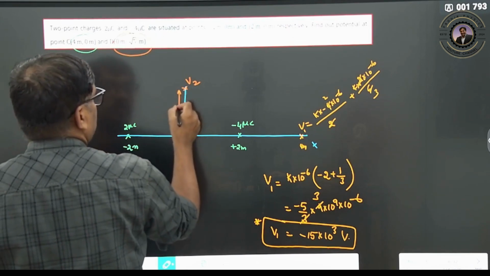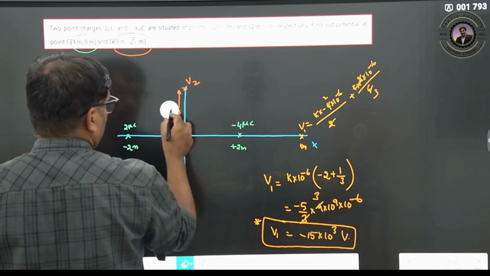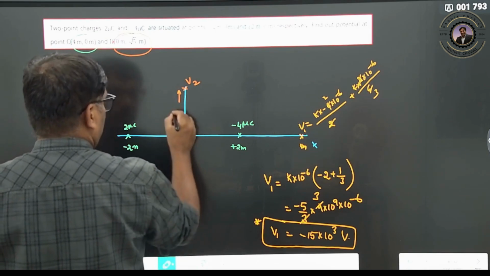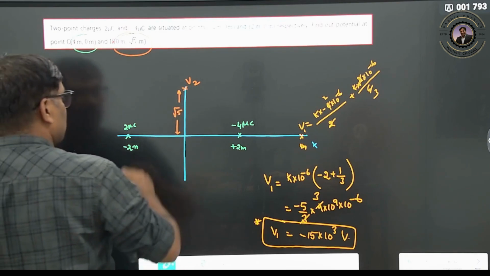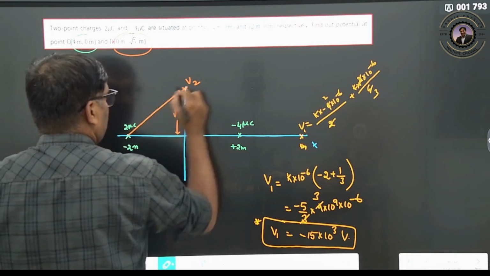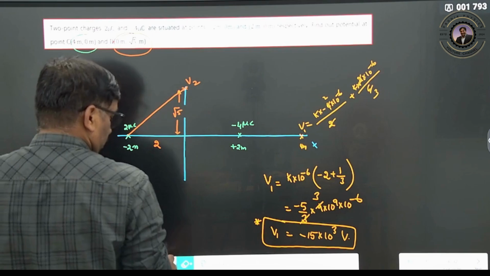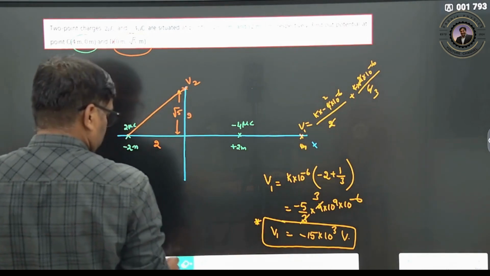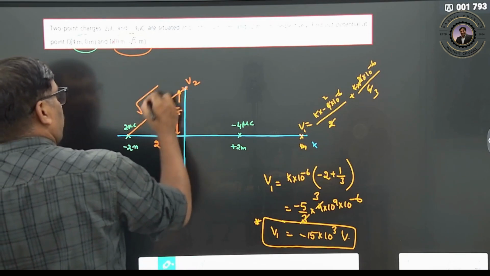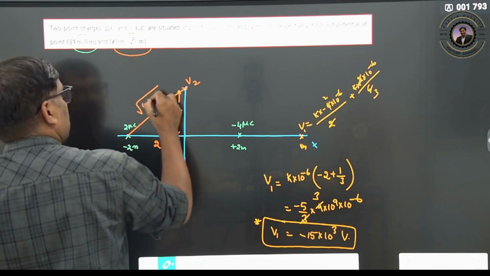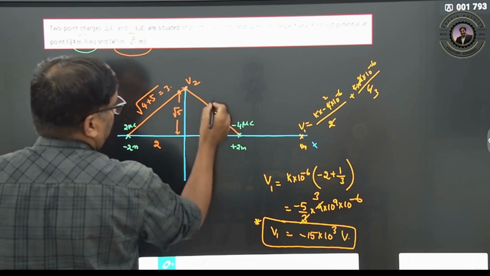The distance from each charge is the square root of 4 plus 5, which is 3. So this distance is also 3 meters.